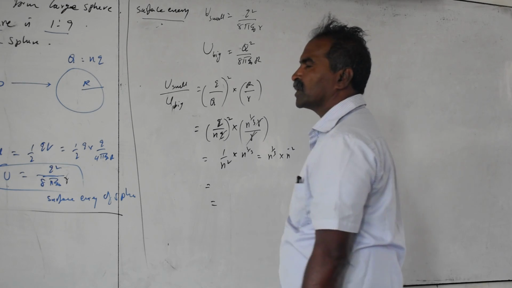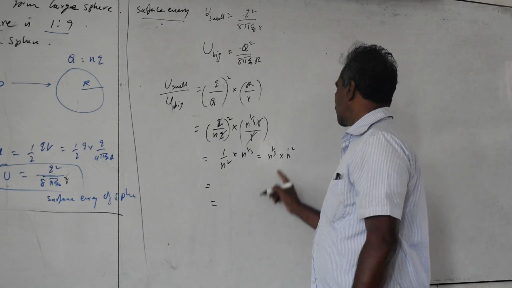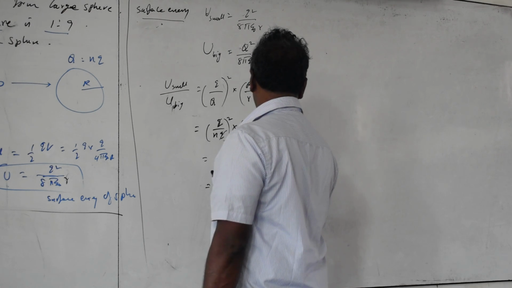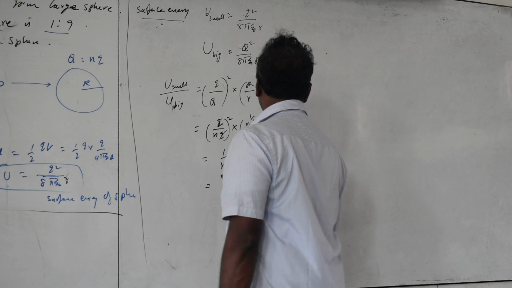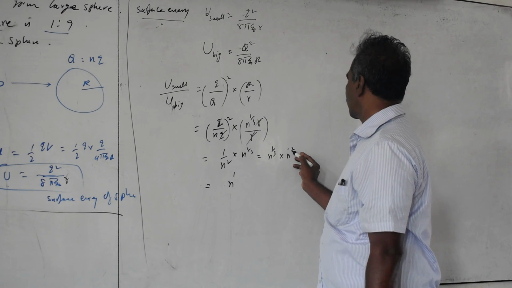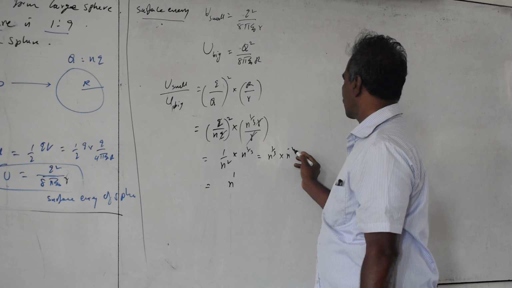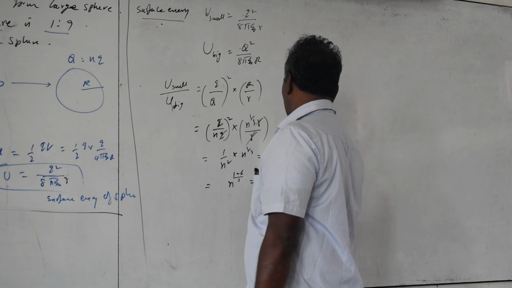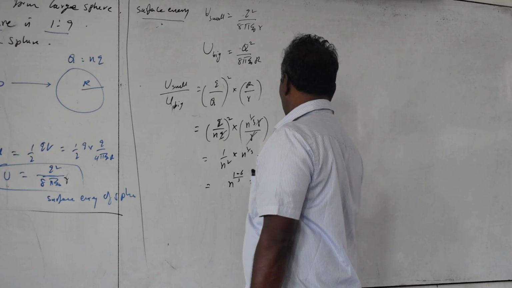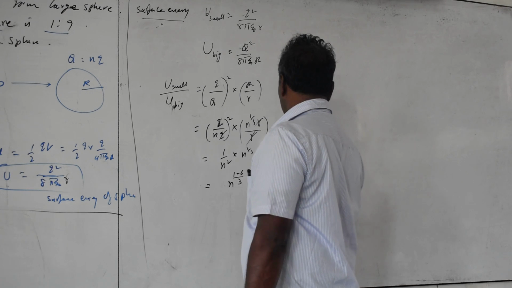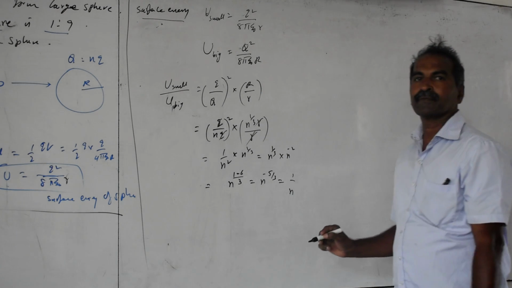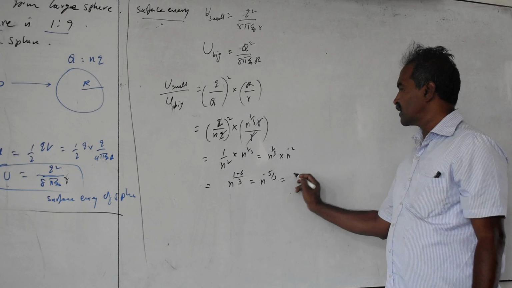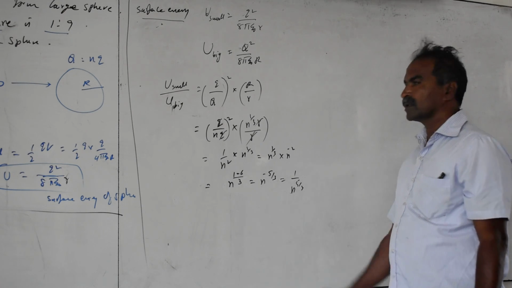Here 1 by 3 minus 2 is 1 minus 6 by 3, which is minus 5 by 3. Take it to the denominator, this will be 1 by n to the power of 5 by 3.